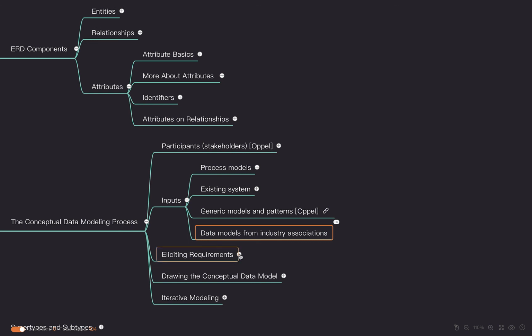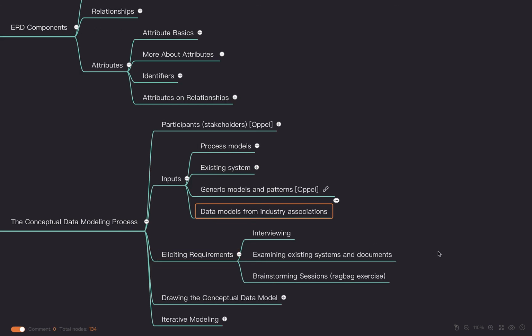When you're working on the data model, how do you elicit the requirements from the stakeholders? Well, you could do interviewing. That's always considered the gold standard. We talked about looking at documentation and data for existing systems.